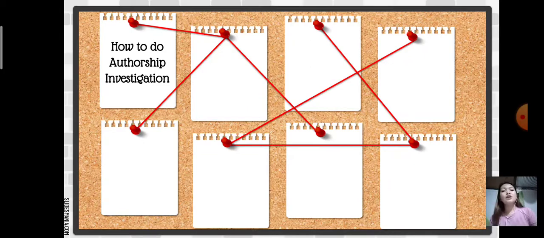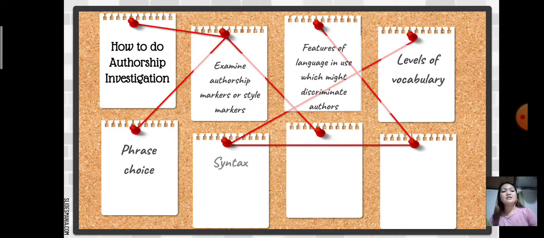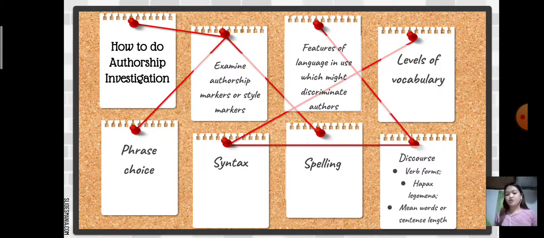So how are we going to do an authorship investigation? These are the step-by-step procedures. In order for you to know if the written evidence is really written by the author, you're going first to examine how the author writes, or the writing styles used by the author.